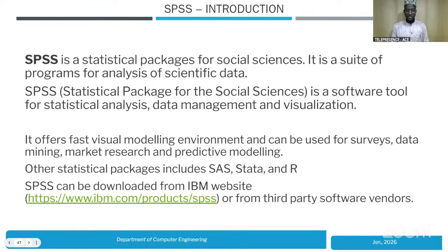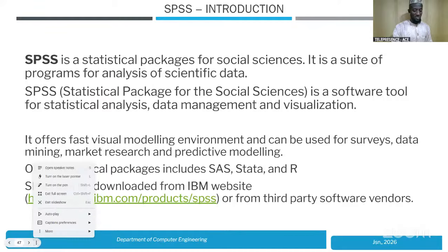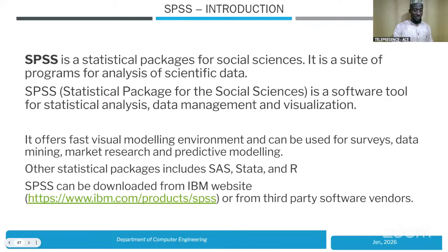However, the versatility of SPSS has gone beyond that. It was recently acquired by IBM, and it has become one of the software suites that is owned by IBM. SPSS can be downloaded from IBM website, as shown on the slide here.